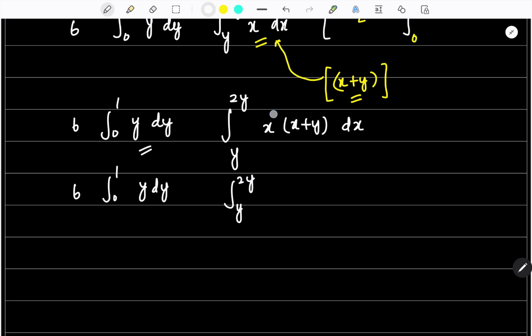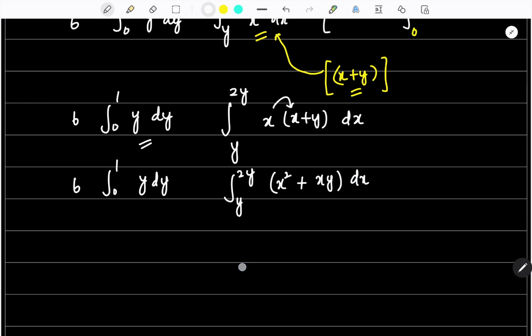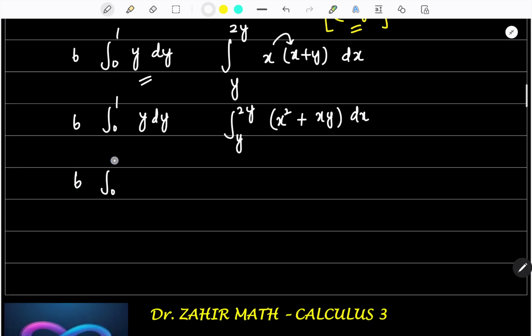So 6 times integral 0 to 1 y dy, integral y to 2y, I multiply this one, which is x square, plus this one, which becomes xy, into dx. So this equals 6 times integral 0 to 1 y dy, and the integration goes now. The integral of x square with respect to x is x cube divided by 3, and the integral of x is x square divided by 2, and the limits are y to 2y.